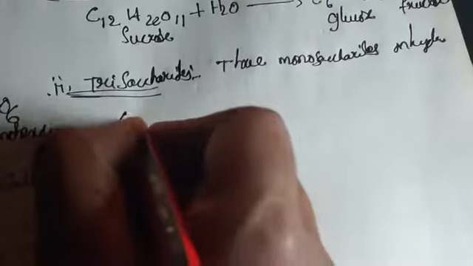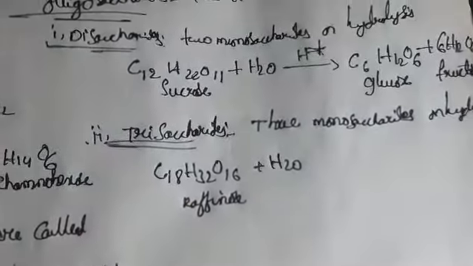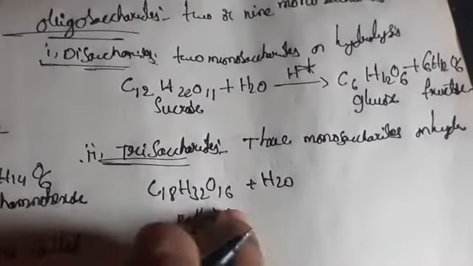For example, C18H32O16 plus H2O, which we call raffinose.